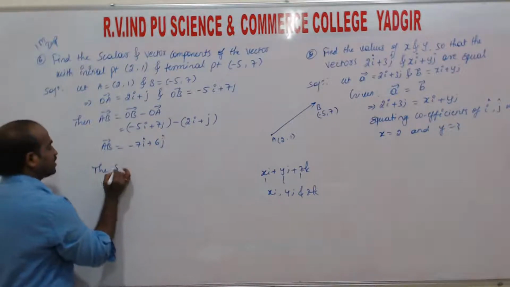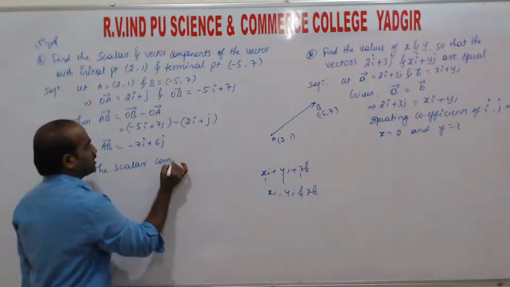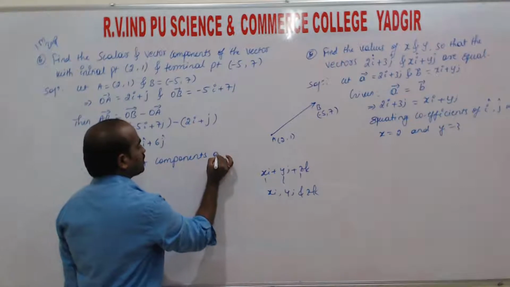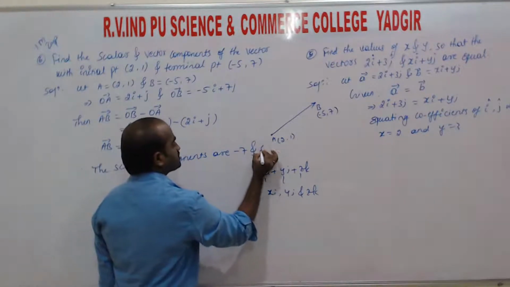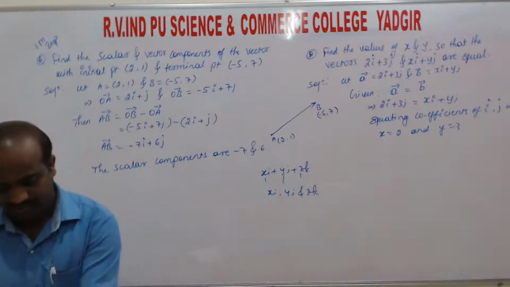Therefore, the scalar components are minus 7 and 6.